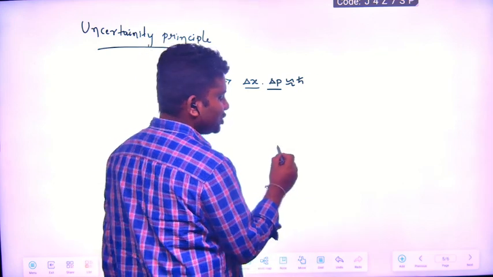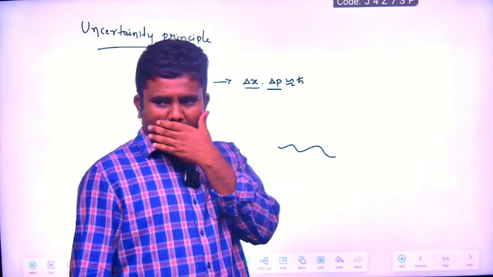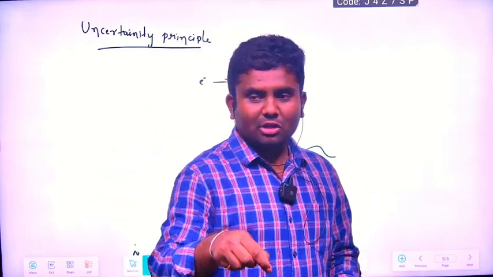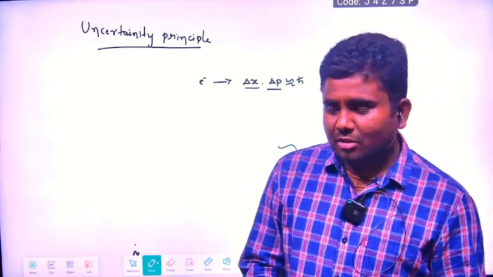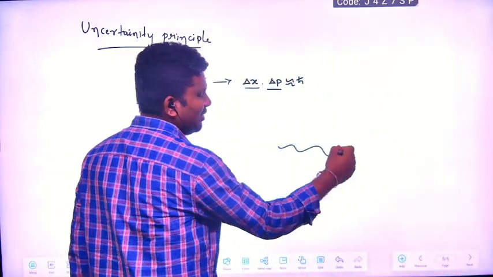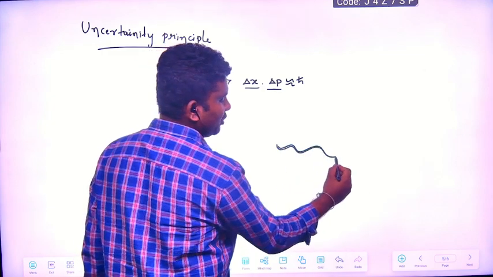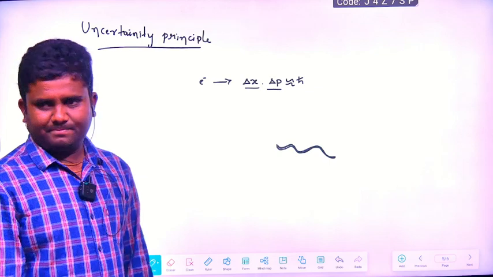For example, the electron is in a wave form. You can't tell whether the electron shows particle behavior or wave behavior. The electron is moving so fast that we describe it by the probability of its position.